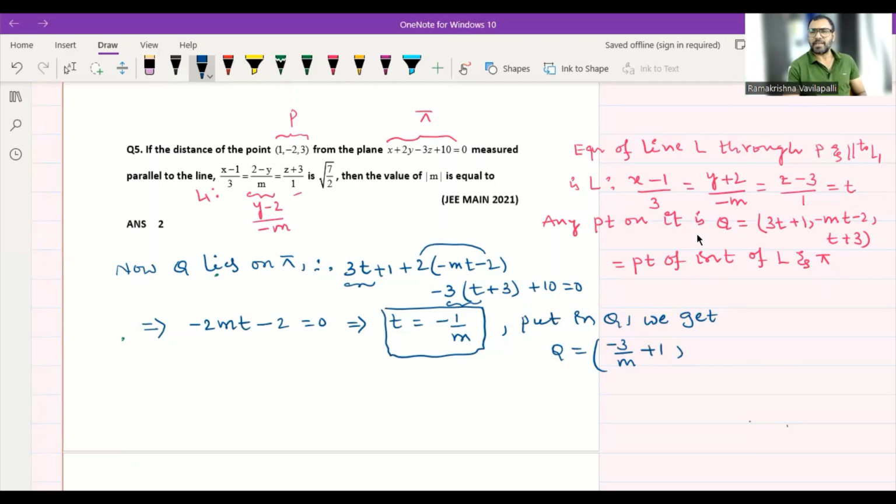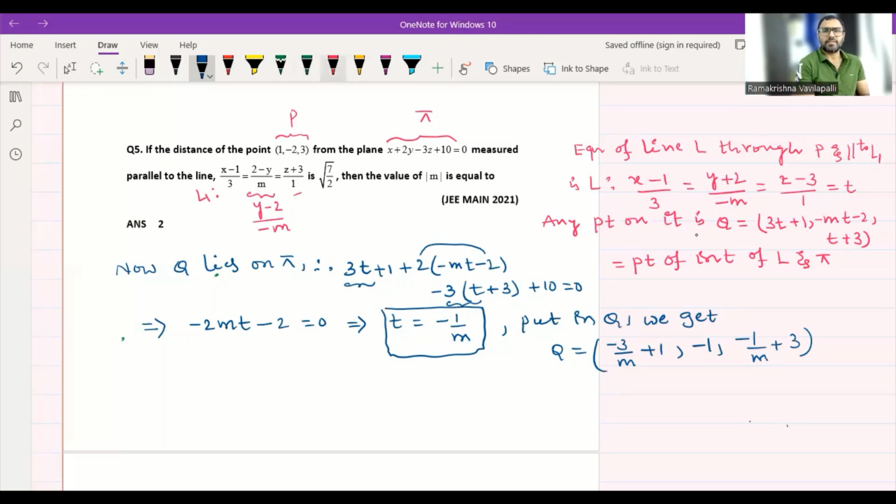So minus of minus plus 1 minus 2, it is minus 1, minus 1 by m plus 3. Now what is given here? The distance between P and Q is given as root over 7 by 2.